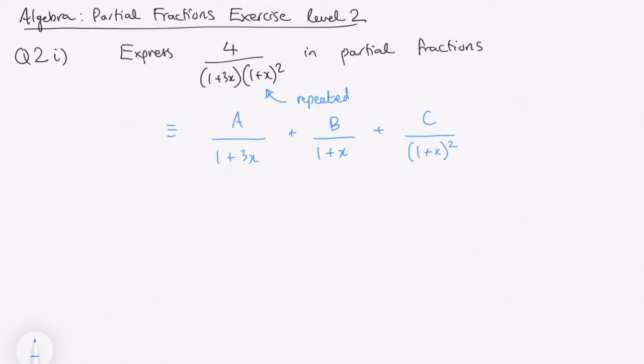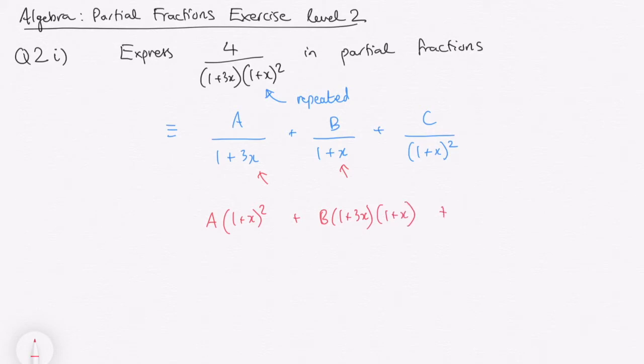And then by making a common denominator, this first fraction needs to be multiplied by (1 plus x) all squared on the numerator and denominator. So we get A lots of (1 plus x) all squared. The second fraction needs to be multiplied by (1 plus 3x) and (1 plus x) on the numerator and denominator.